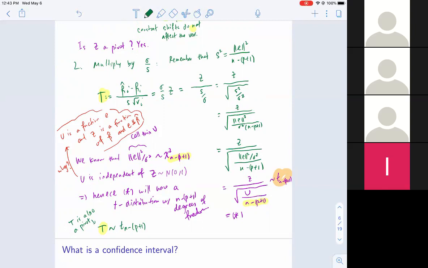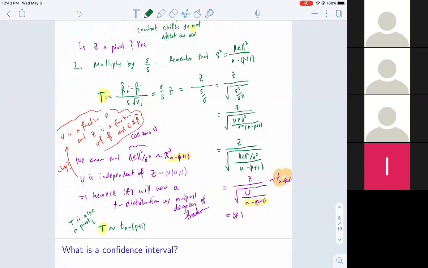So let's be specific. Let's say I want to build a confidence interval for beta i. You build a confidence interval for an unknown parameter. Beta i, I don't observe, so I want to know beta i. I have an estimate of beta i, which is beta hat i, and I want to get a confidence interval. A confidence interval is like an upgrade of an estimate. It has more information.